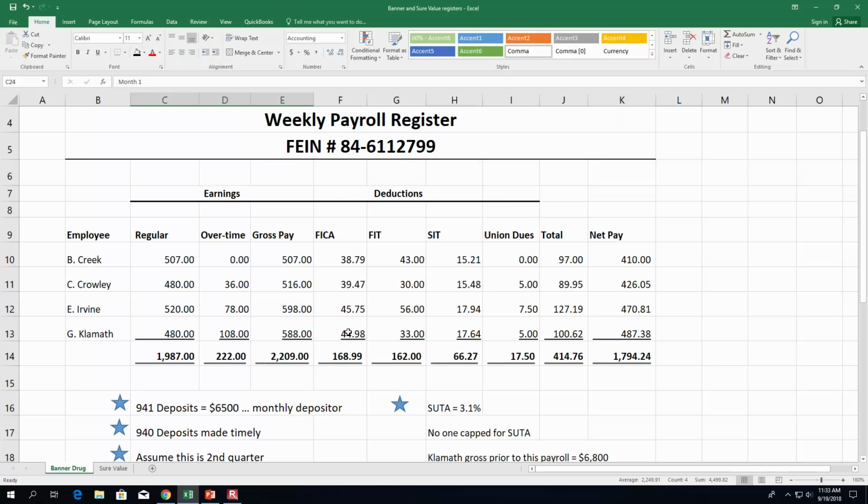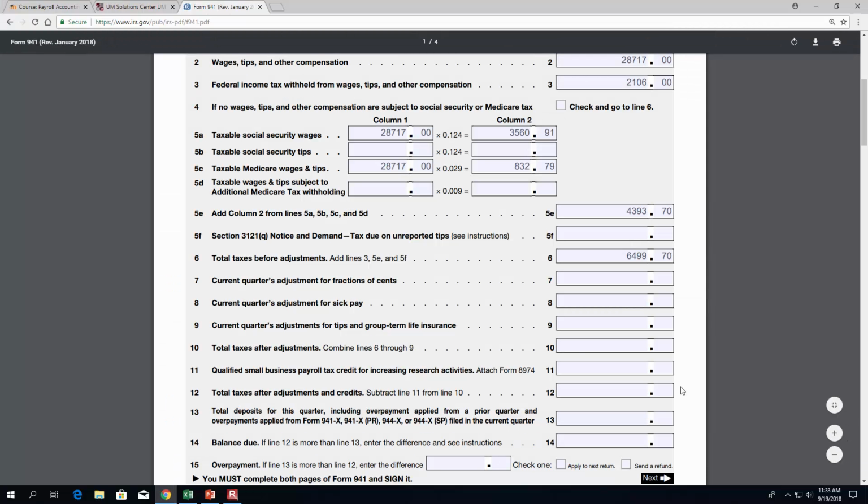And I'm guessing, okay, it says here that the deposits were $6,500. Does that look about right to you? That's about right, isn't it? So if it's within a buck or two, you feel pretty confident. So let's go plug in my deposits here.